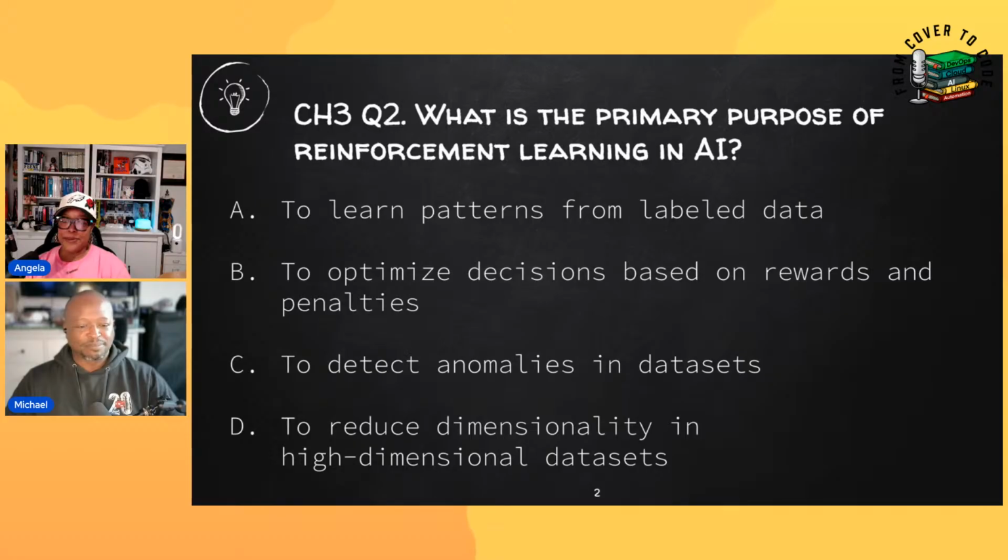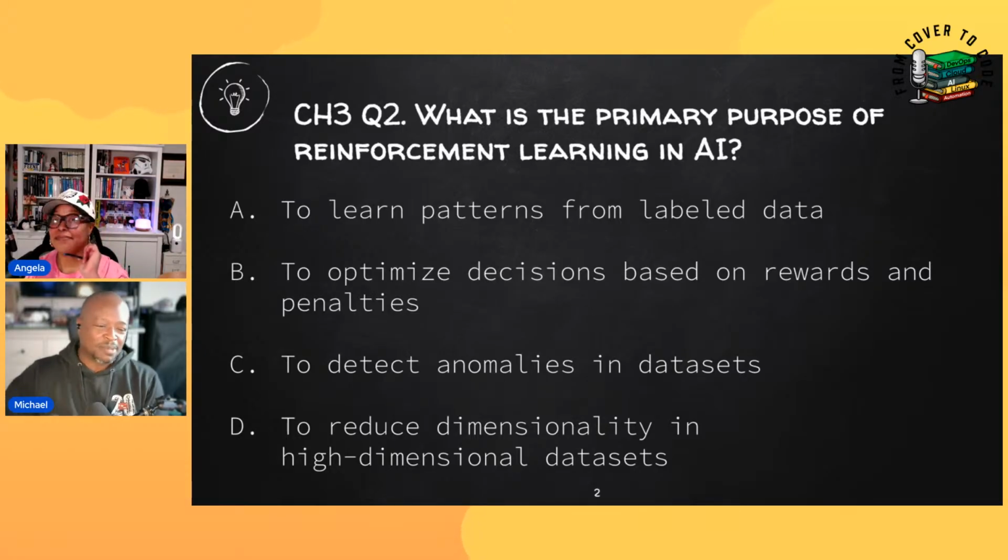So what if this were a test question? You start eliminating the bad stuff. So what do you think the bad ones are? I'm getting rid of C really quickly. I'm getting rid of D, because that's just a bunch of words. We talked about dimensionality, but reinforcement learning itself doesn't work with dimensionality.